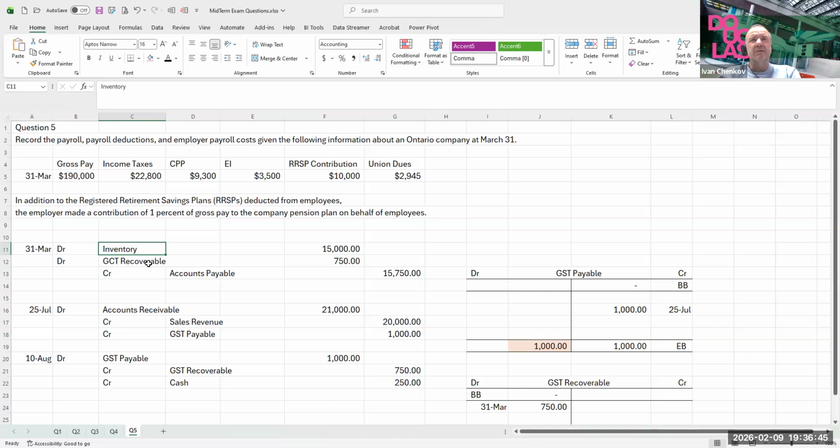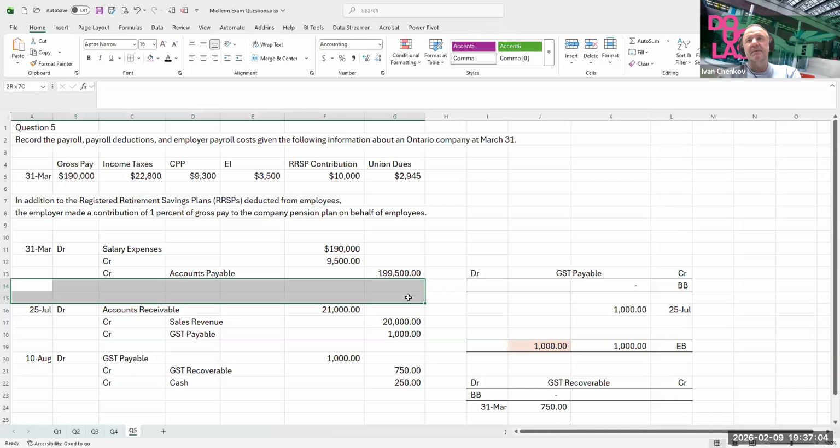It doesn't say. Let's go with the salary expenses. And that salary expenses will be $190,000. After that come credits. Let's see how many credits we have to do.